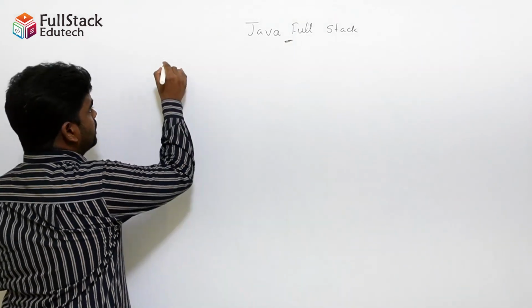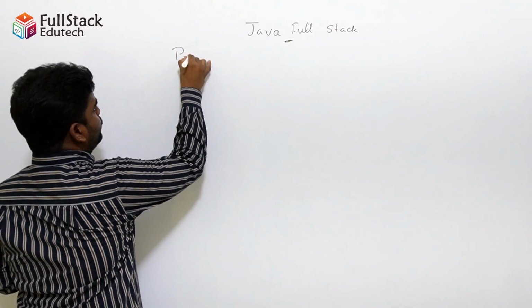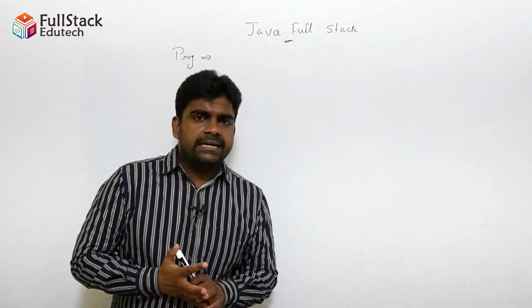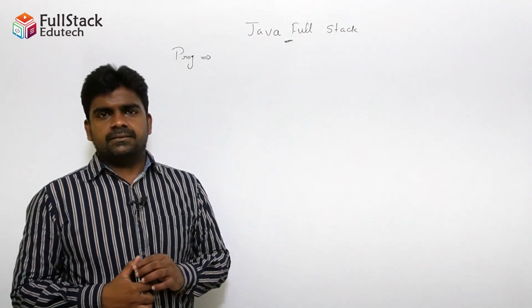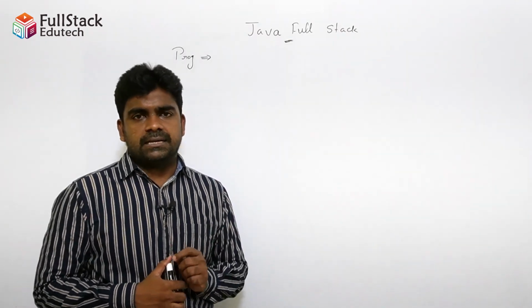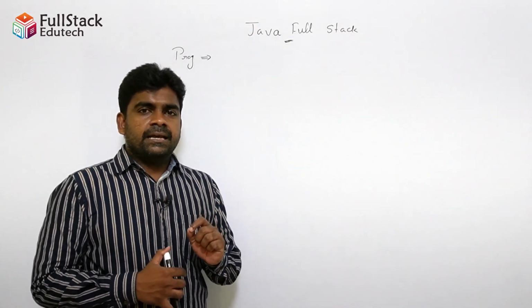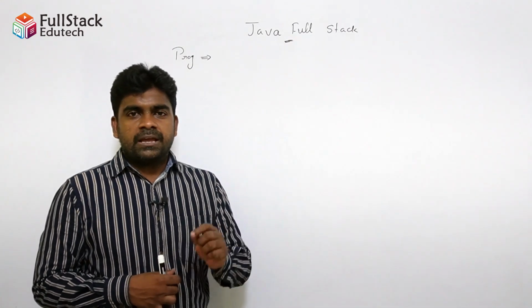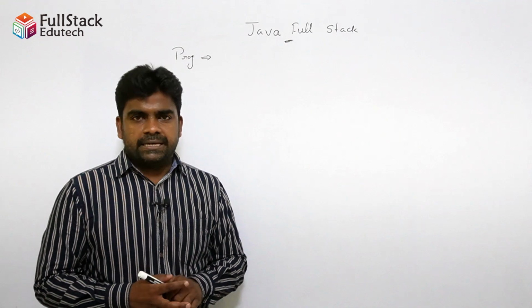Whenever we are learning programming, the first question they will ask is why we are attending the programming classes. By the end of learning programming concepts, we should be able to develop an application.